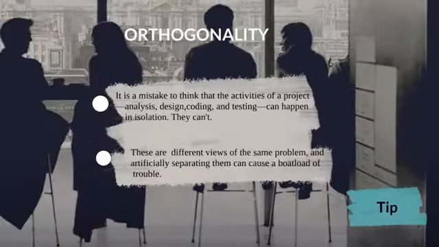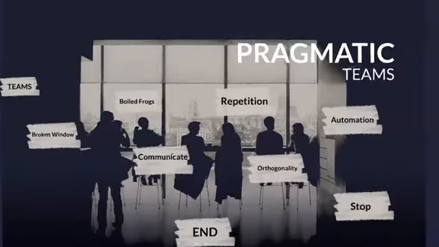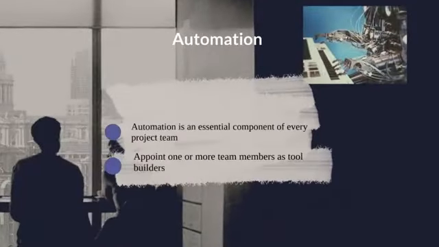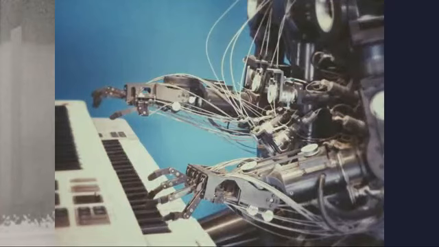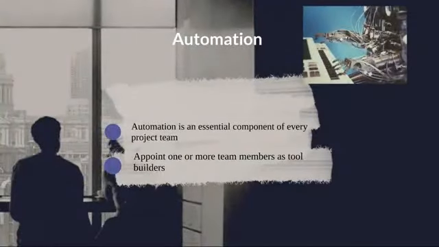Now let's get back to our next technique, that is automation. A great way to ensure both consistency and accuracy is to automate everything the team does. Automation is an essential component of every project team.